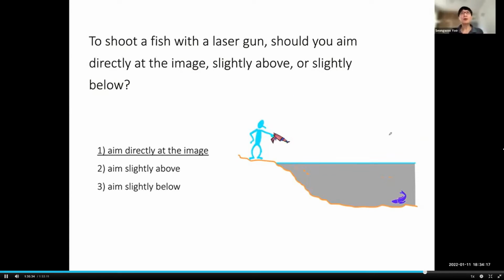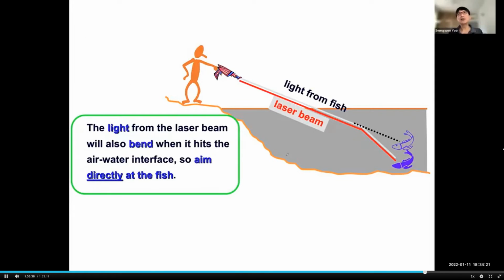Now, when we use a laser gun, the laser beam is also affected by this refraction. In other words, the laser beam will bend inside this water. Therefore, we must aim at this apparent image to compensate for the light bending. So the correct answer is aim at the image.